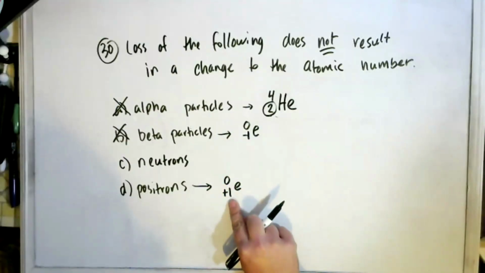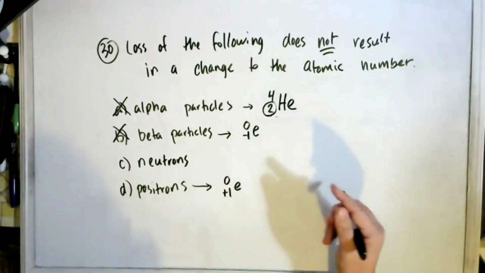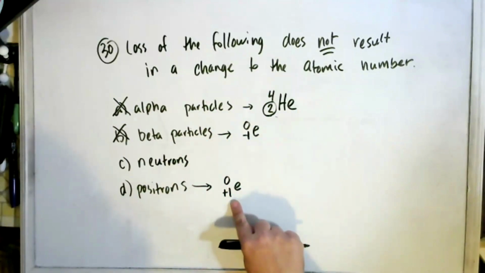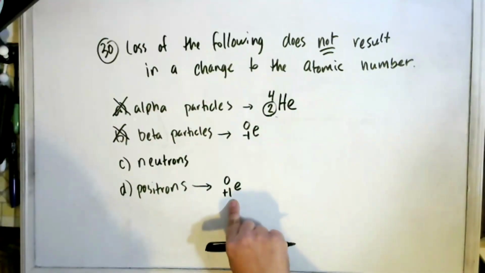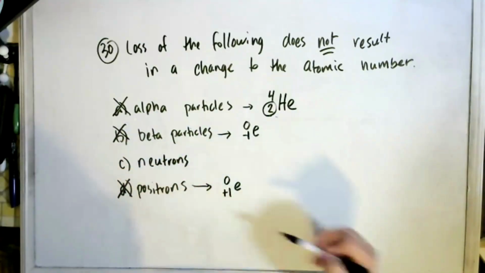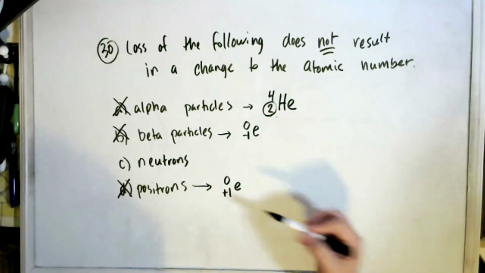There's a +1 down here, which means that when you have positron emission, your nucleus is losing one of its protons, and its atomic number is going to decrease by 1. So positrons aren't the answer to this question either.